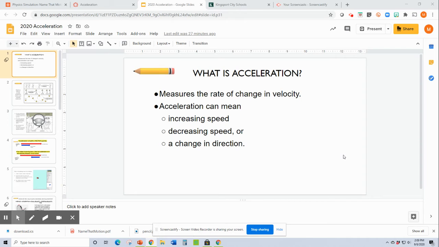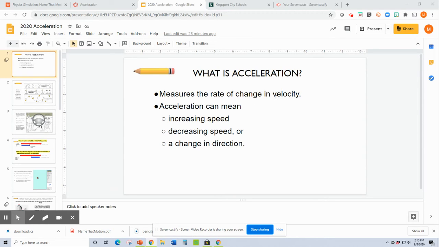So, acceleration measures the rate of change in velocity. The easiest way to think about acceleration is we're just talking about whether or not something is speeding up, slowing down, or changing direction. Now, if you look back at this definition, acceleration measures the rate of change in velocity.